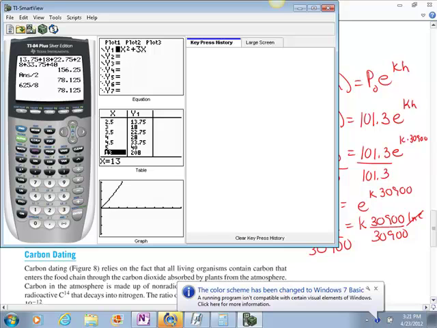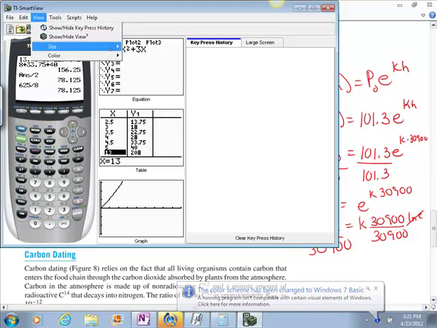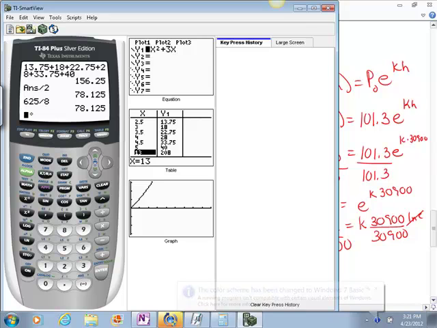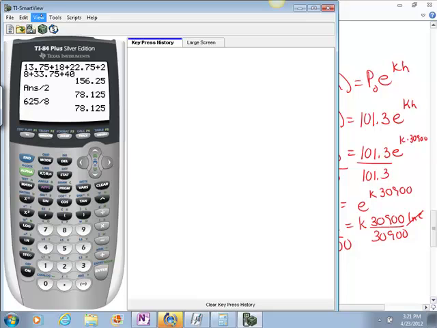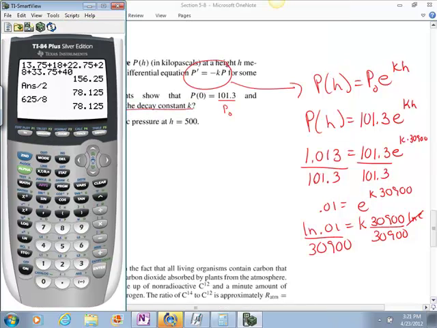We'll do ln 0.01 divided by 30,900, and we get negative 1.49 e to the negative 4, which means move your decimal to the left 4 places.